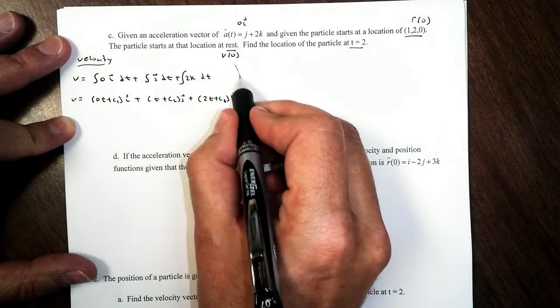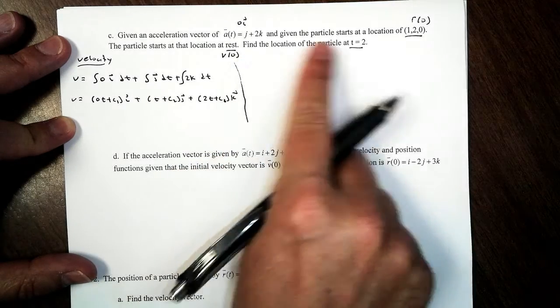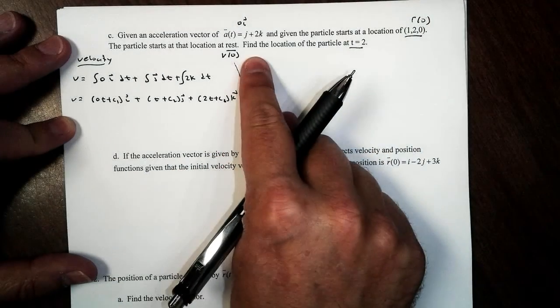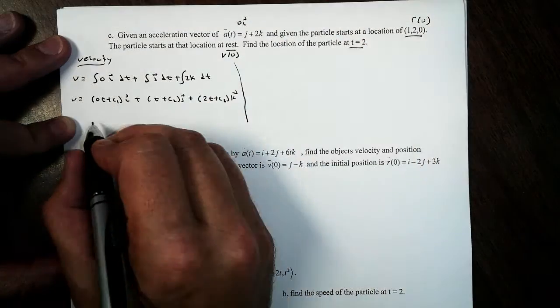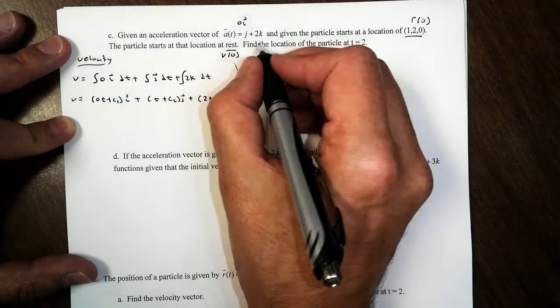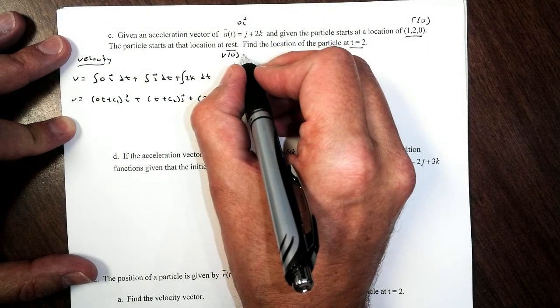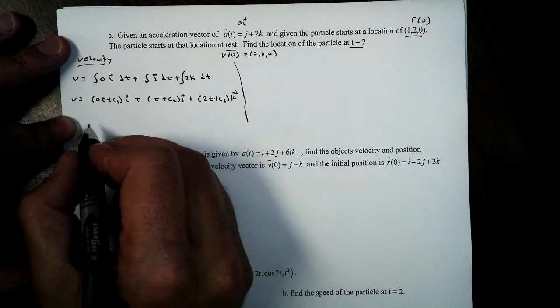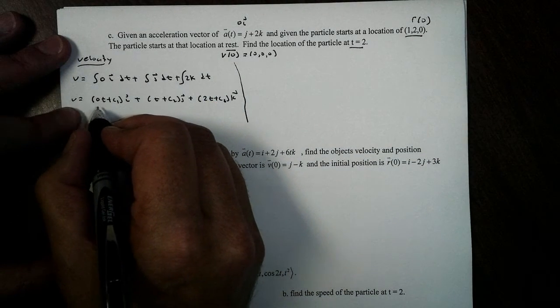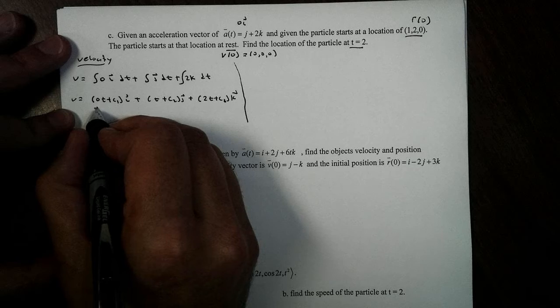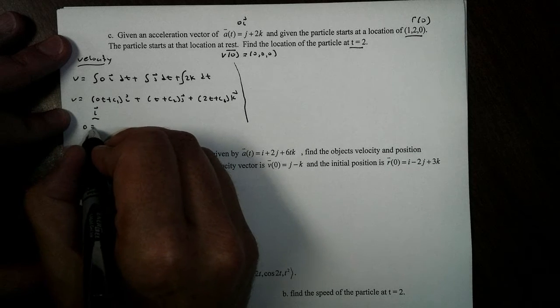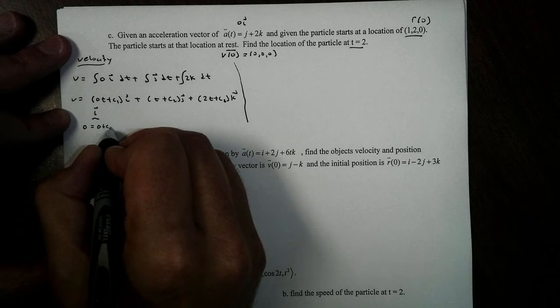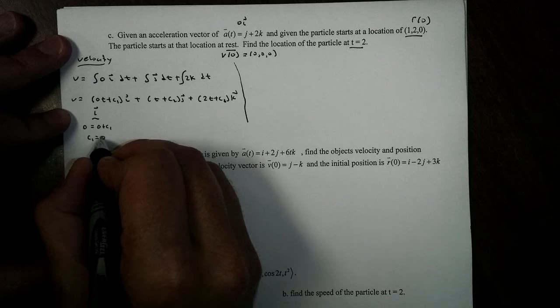And now we're going to use our initial velocity to give us c1, c2, c3. Now our initial velocity is at rest, which means all of those components have to be 0. So if I set each one of these equal to 0, for my i component we get 0 equals, that's just 0 plus c1, so c1 is 0.